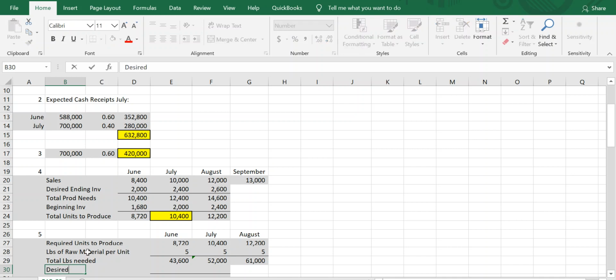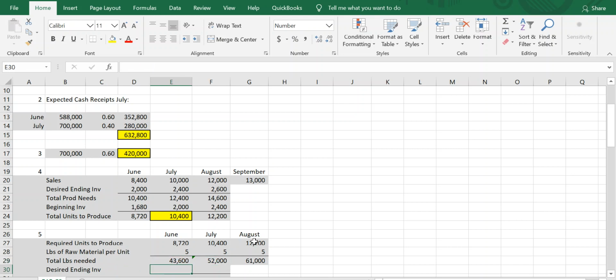So we're going to have a desired ending inventory that's going to be 10% of the following month's raw materials that we need. Okay, so what that means is here the desired ending inventory for June is going to be 10% of what we actually need in July.